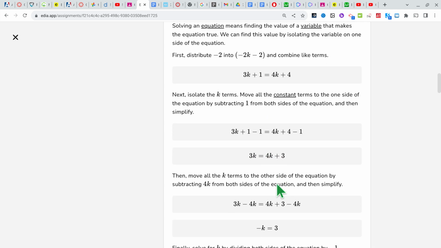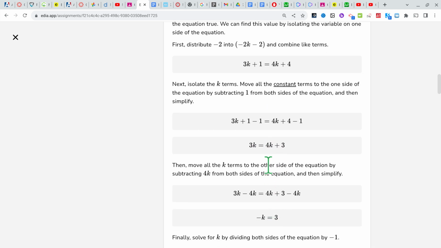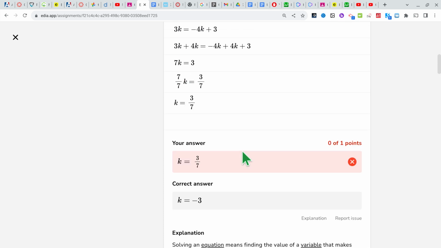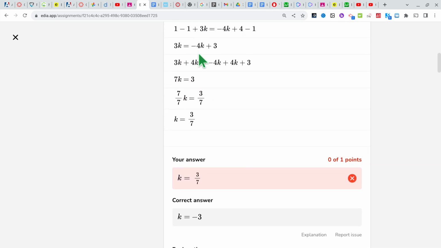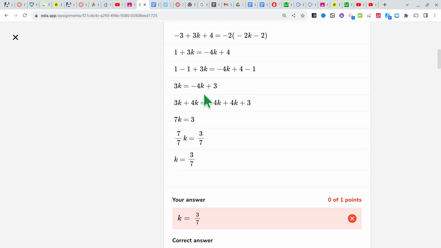Let's see, where did I make a mistake? Multiply 4. Subtract 1.